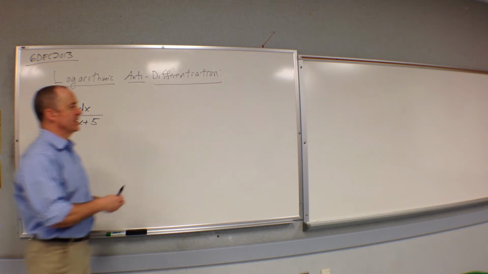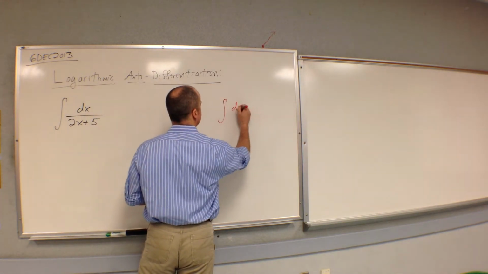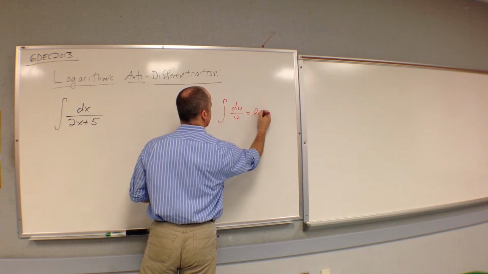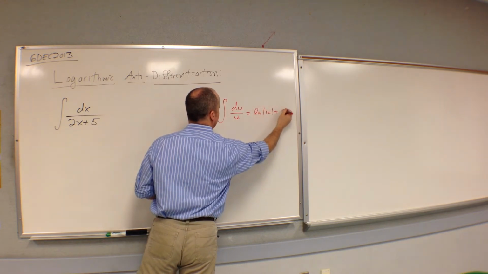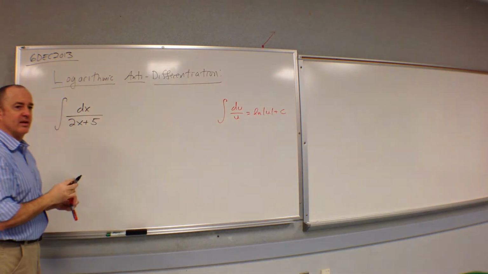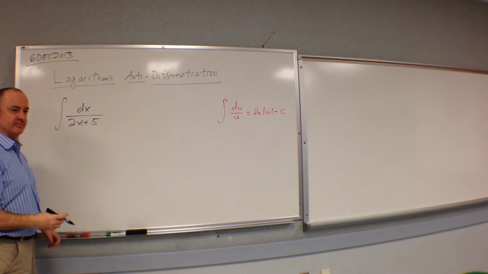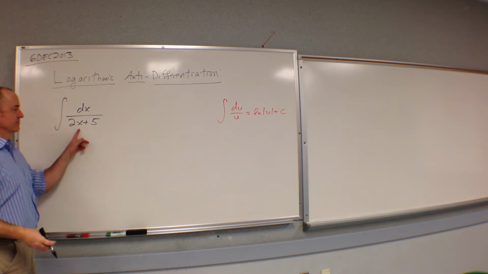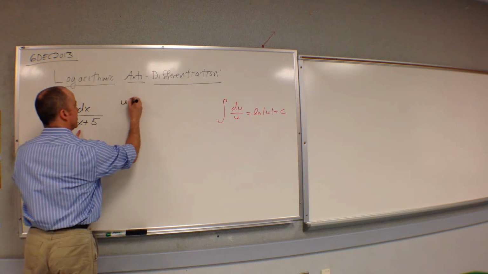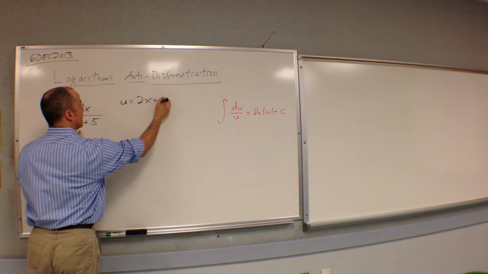In the original formula, the du was on the bottom, right? Okay. So what's on the bottom here? That bottom piece. Okay. So u has to be 2x plus 5.